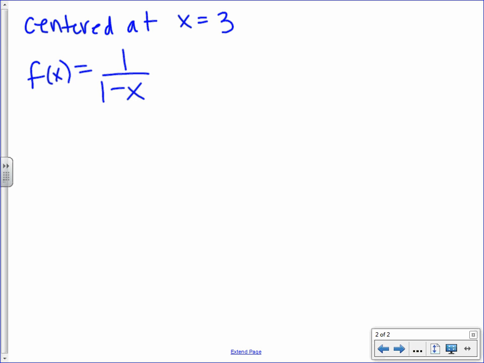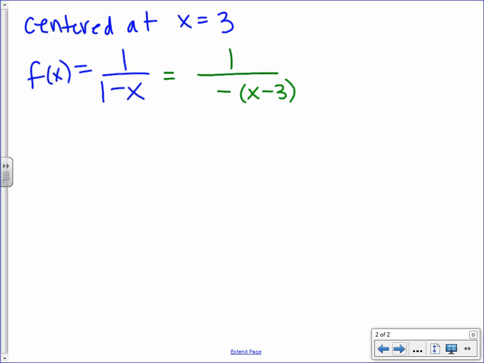Centered at x is 3. Actually, x minus 3. Okay, so our r is going to need to be x minus 3, right? So we need to rewrite this. So this is x minus 3.